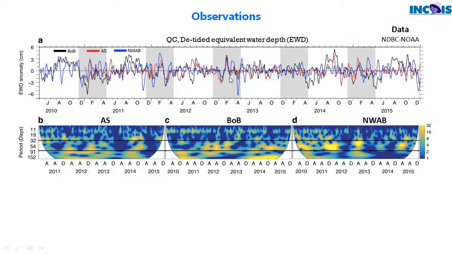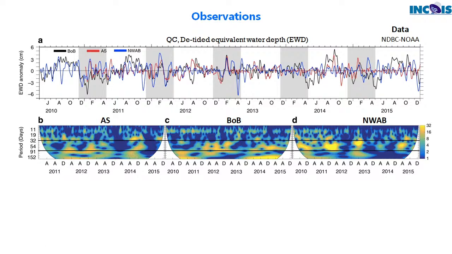But to know more about the frequency associated with this time series, a wavelet spectrum was plotted for these 3 BPRs. This is for Arabian Sea, Bay of Bengal and Northwest Australian Basin. In these 3 plots, the x-axis is time and the y-axis is period, and the color indicates the energy of the signal.